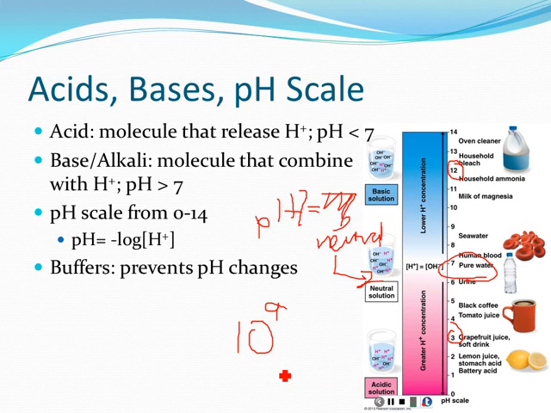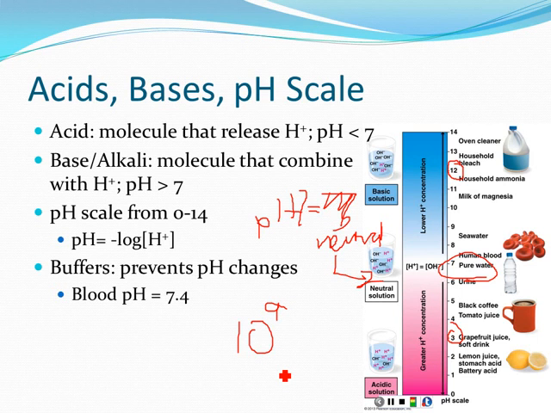Okay. The other term I want you to know is buffers. Buffers in general help prevent pH changes. So our blood actually has a buffer in it. Our blood's pH is around 7.4, which I want you to know. And so if we somehow inject ourselves with something slightly more acidic or something like that, it's still going to remain relatively around 7.4. Unless you end up injecting a lot of very acidic or very basic solution, then it's going to fluctuate.